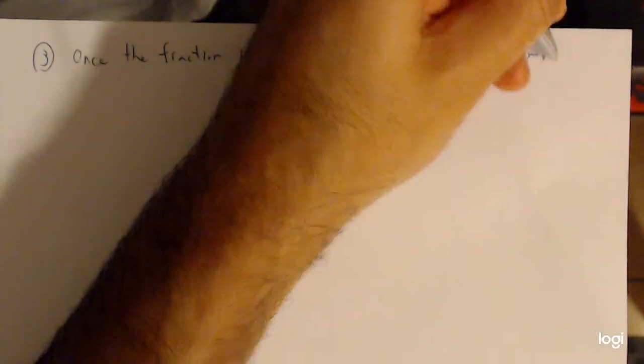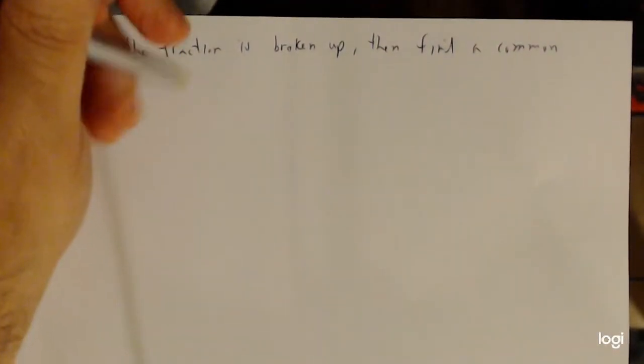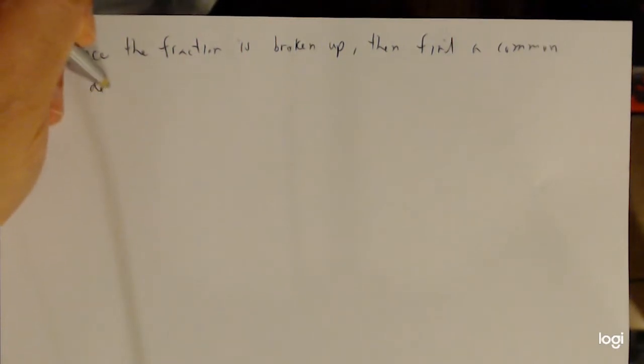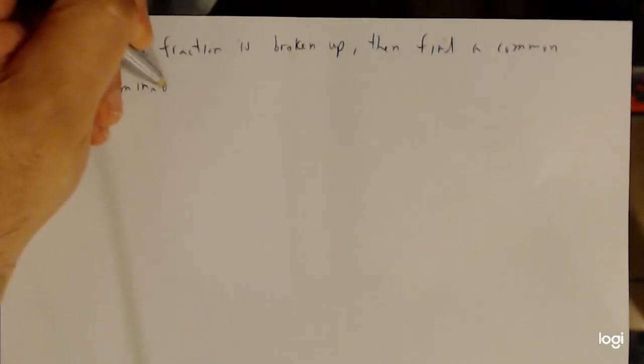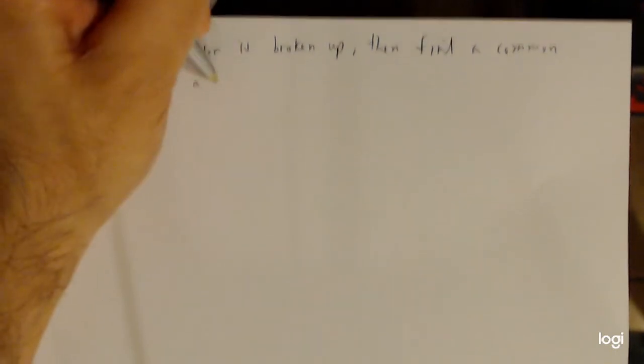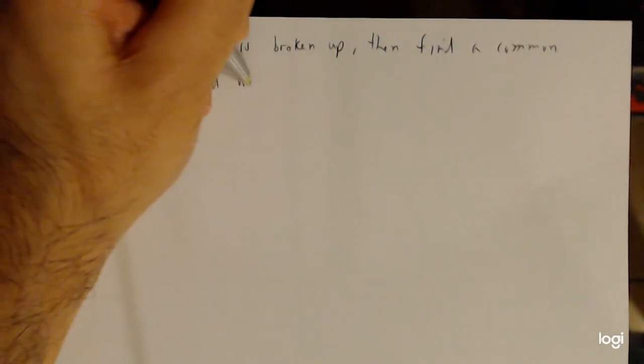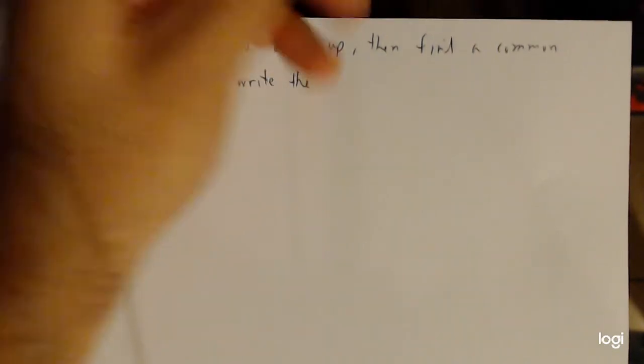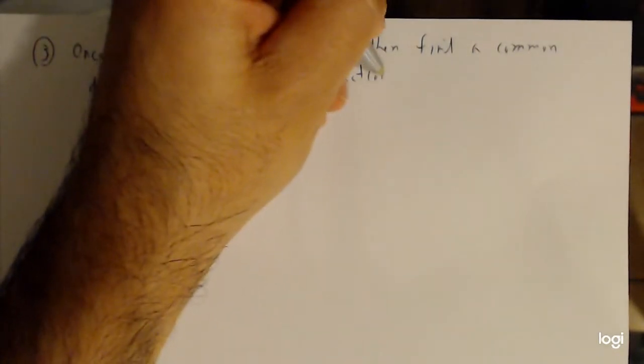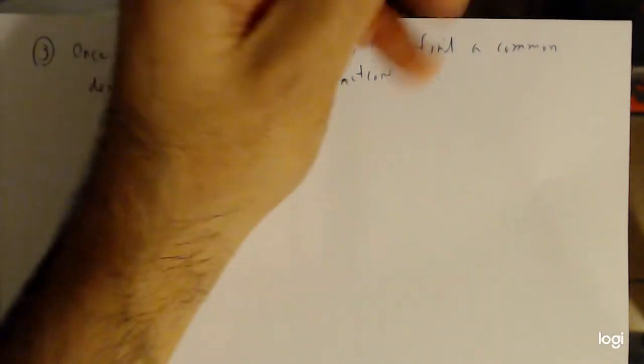So once the fraction is broken up, what we're going to do then is find a common denominator and write the fraction as a single fraction.